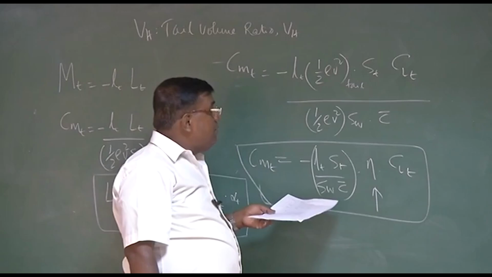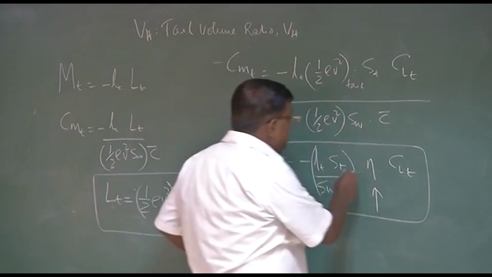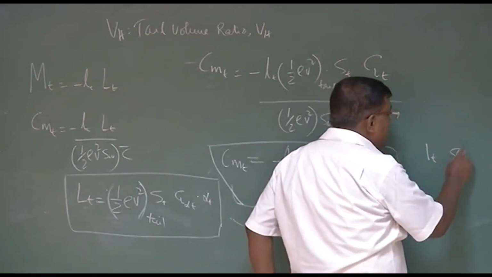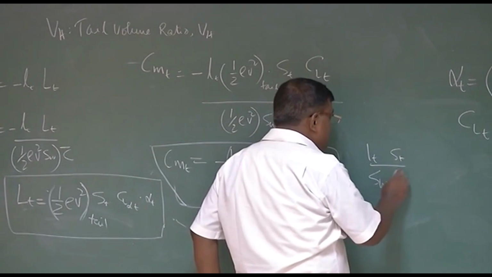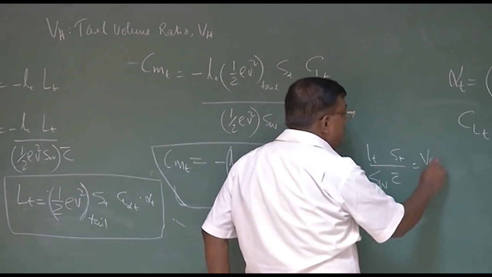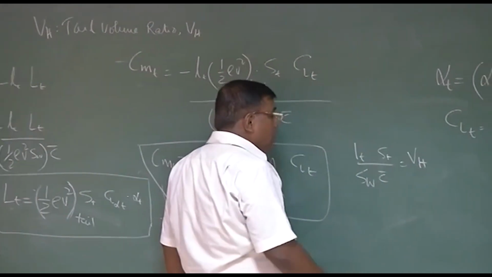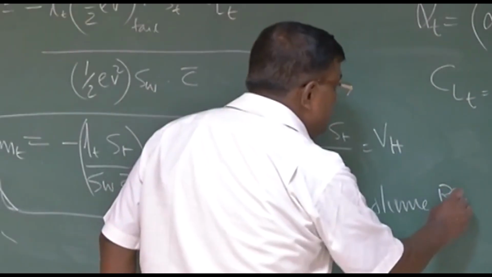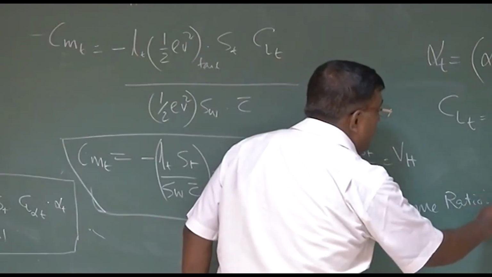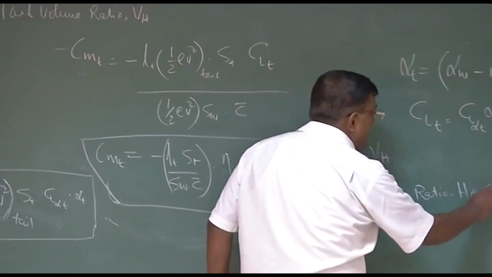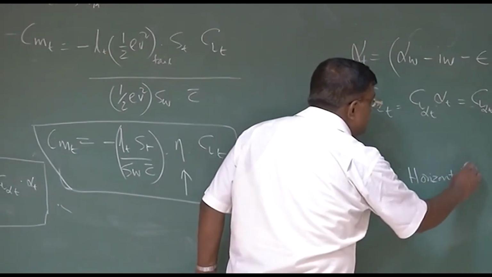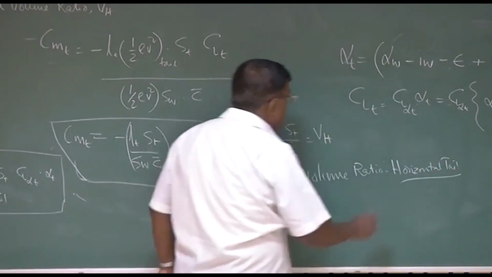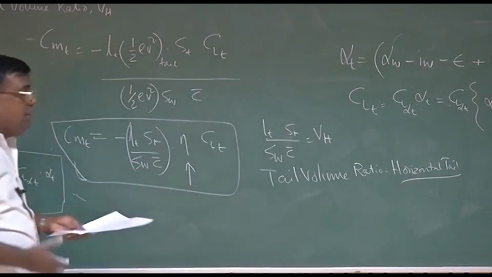The magnitude of static stability will depend upon this ratio LT ST by SW C bar, which is also called the tail volume ratio, or horizontal tail volume ratio. This is for the horizontal tail. You could very easily see that.